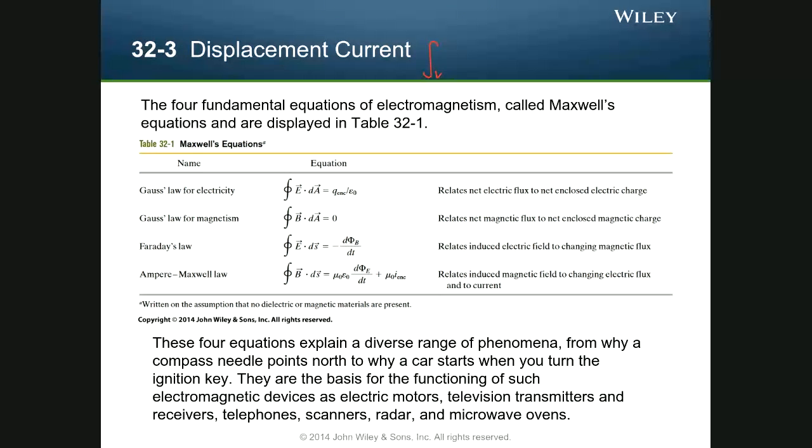The volume integral of del dot E dv is going to equal the volume integral of rho over epsilon naught times dv.